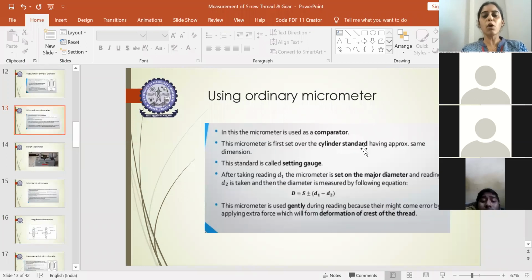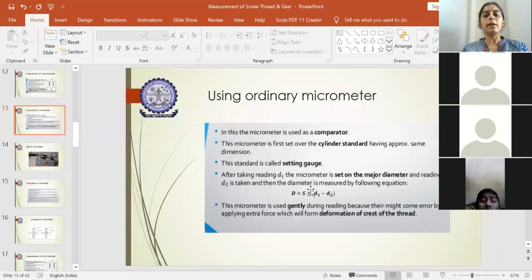In this normal micrometer, which is a hand micrometer, you will first clamp the given cylinder. This is considered the standard, and this standard is called a setting gauge. By fixing this setting gauge into the micrometer, you measure its dimension, the value of the major diameter. Then you remove this standard cylinder and replace it with the component whose major diameter you need to determine, and you will get the value D2.